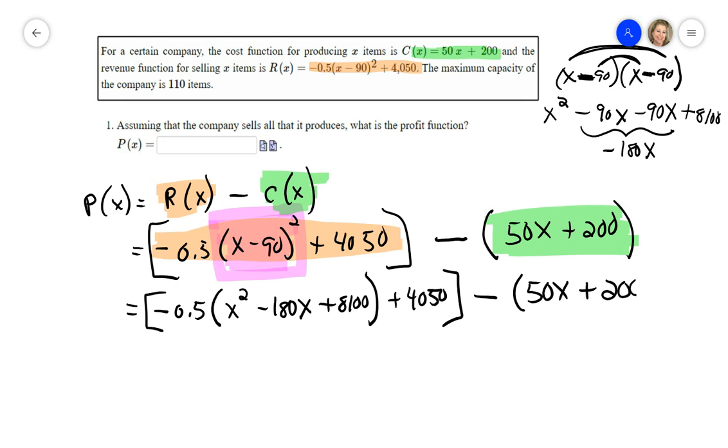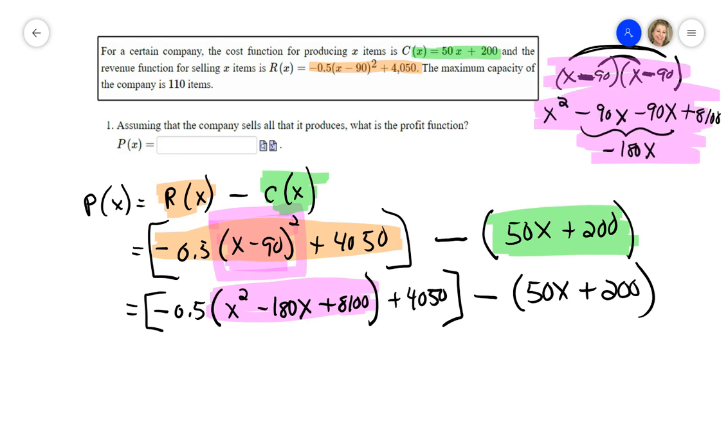I'm just working on my copying skills down here. So that gets rid of the exponent. Next, keep in mind that this answer right here is what I did up here, okay?